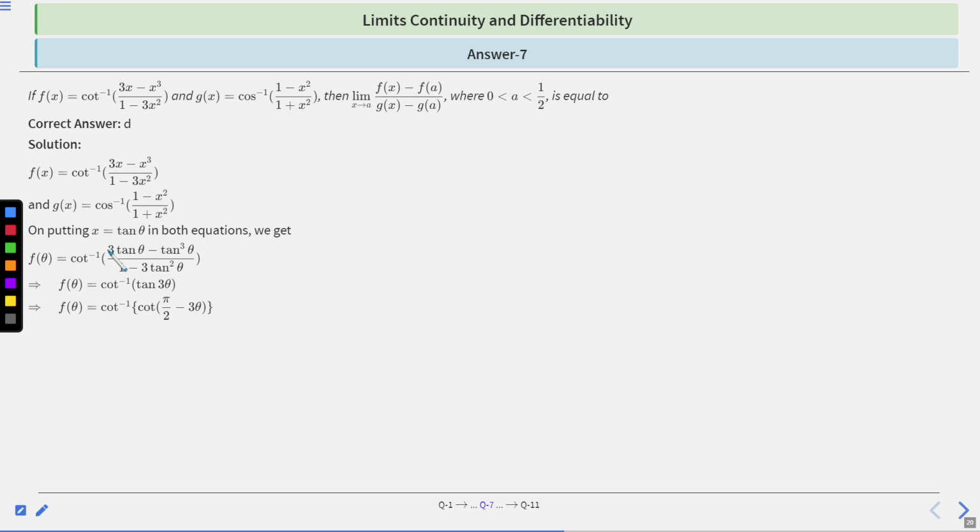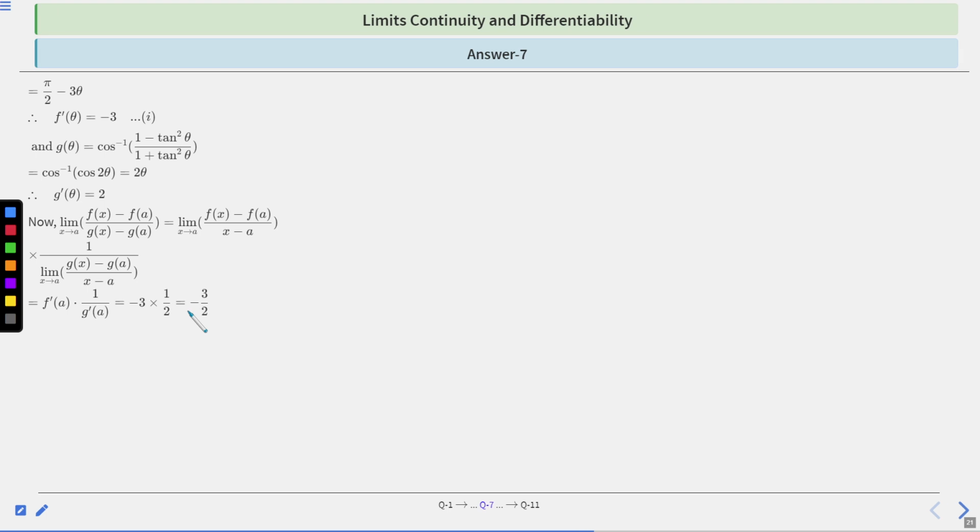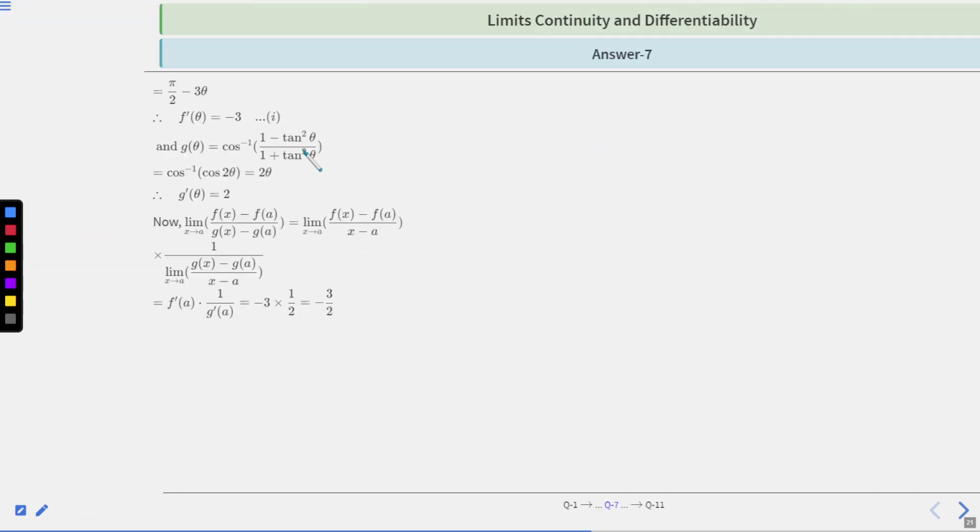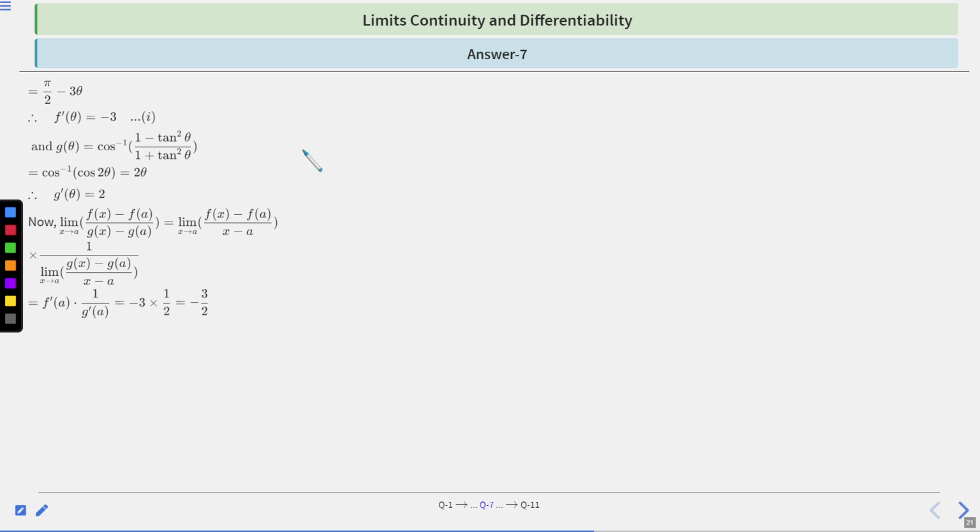This is the formula of tan 3 theta, as we all know. So it can be written as f(theta) is equal to cot inverse of cot(pi by 2 minus 3 theta). Clear? Which is equal to pi by 2 minus 3 theta, because cot inverse of cot of some angle is equal to the value of the angle, right? Now f dash theta is equal to minus 3, which is equation 1.